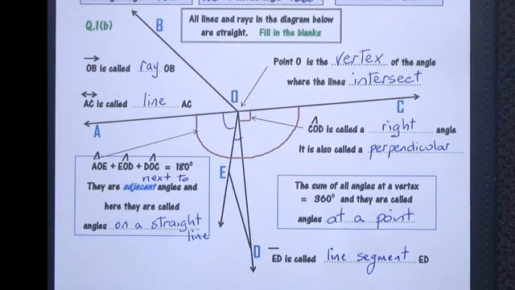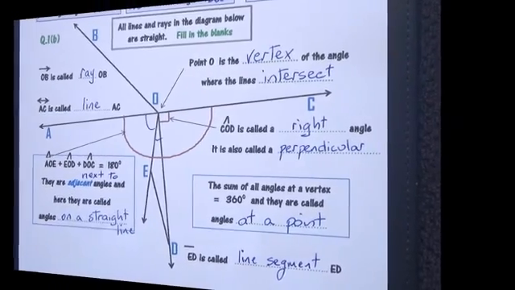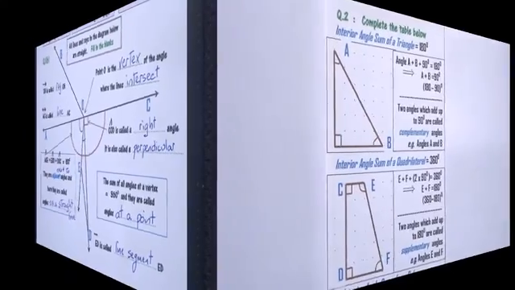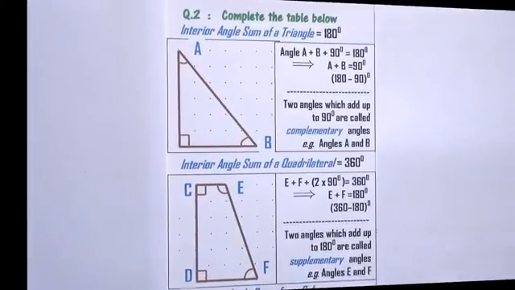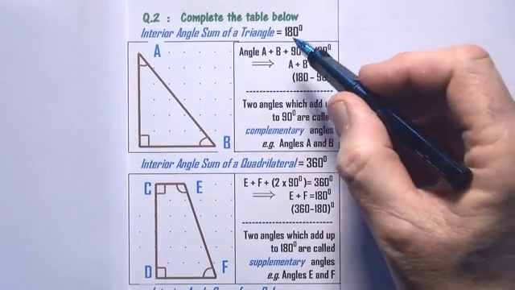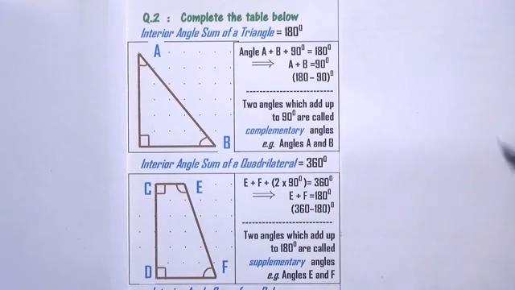That completes page 1, and if we move on to page 2, there's some more terms. The interior angle sum of polygons.